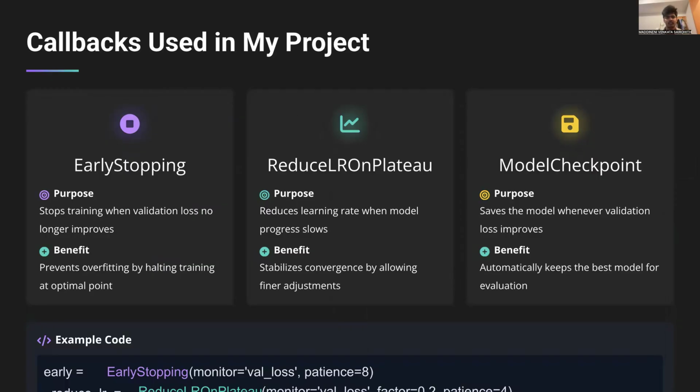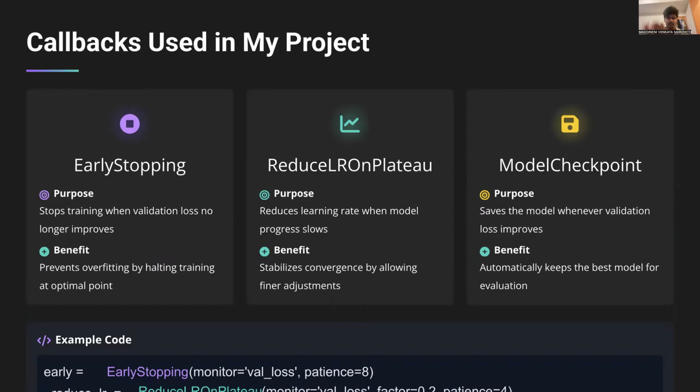In my upcoming implementation, I plan to use three main callbacks: early stopping, reduce LR on plateau, and model checkpoint. The early stopping callback will stop training automatically when the validation loss stops improving, ensuring the model doesn't overfit the training data.